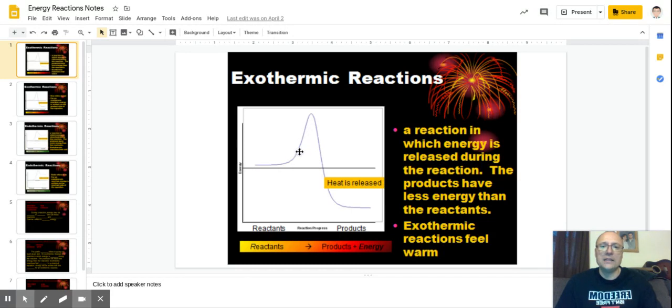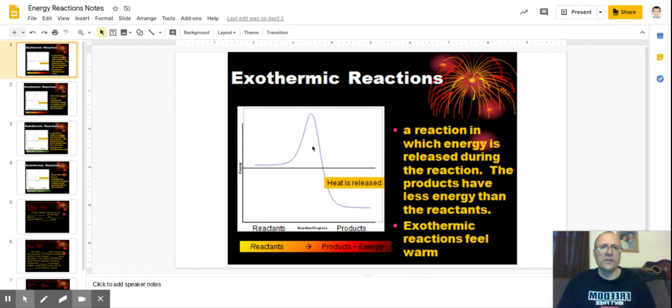It takes energy in order to break the bonds. In a chemical reaction, there are bonds, and those bonds need to be broken, and then they need to be recombined. The energy that it takes to break those bonds to start the reaction is what's known as the activation energy. This tip right here of the curve is that activation energy.